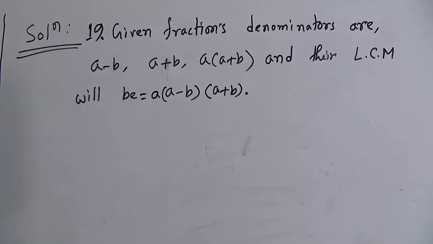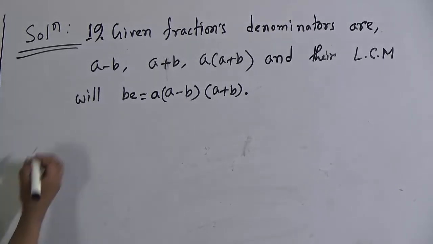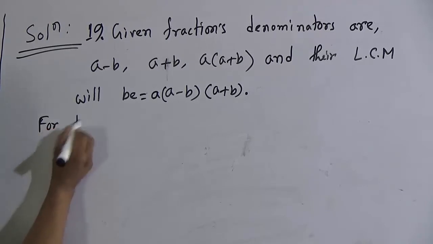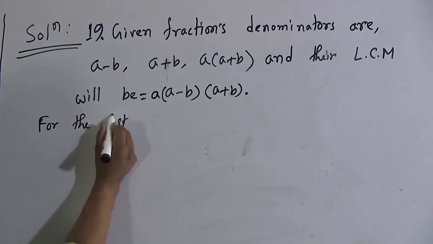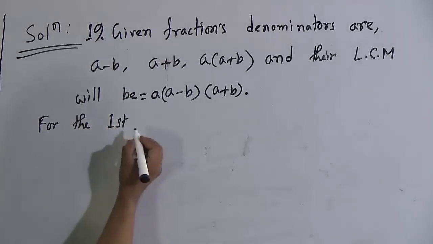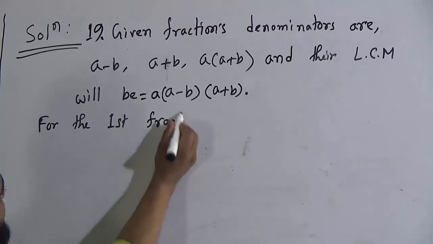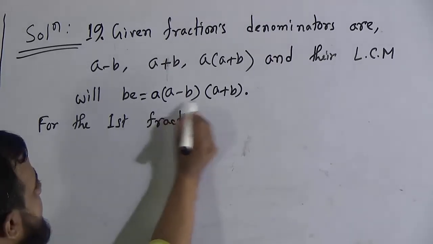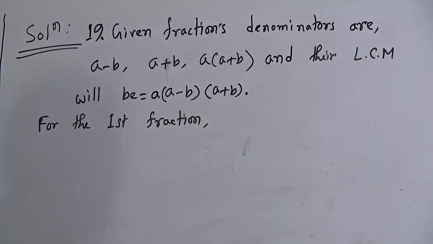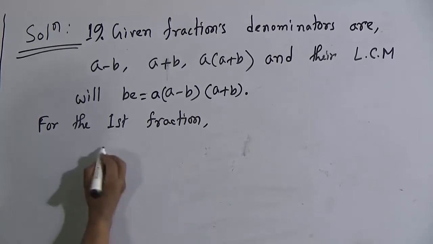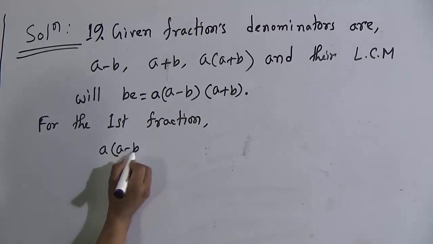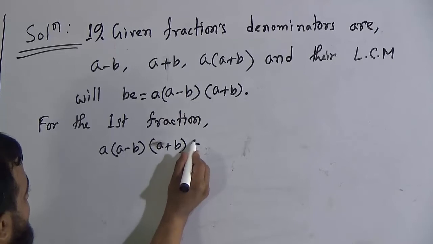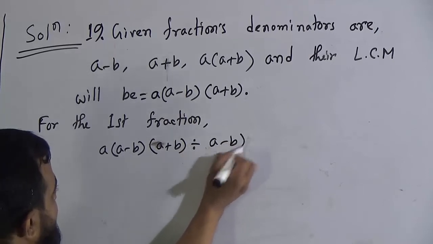Now how can we find the common denominator fractions? My dear students, for the first expression, for the first fraction we need to divide the LCM by the first fraction's denominator. The denominator is a minus b.